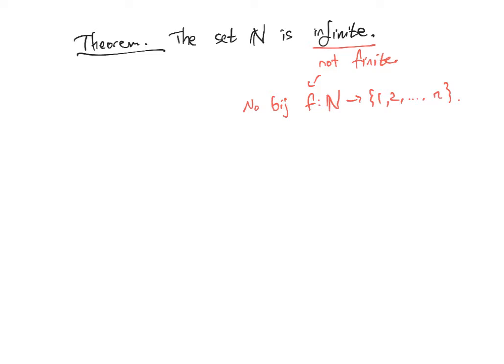Now, it's a bit confusing to me. Isn't 1, 2 up to n? Oh, it's not the entire natural numbers. Okay. For any n, yeah. So we should probably put a quantifier in here.